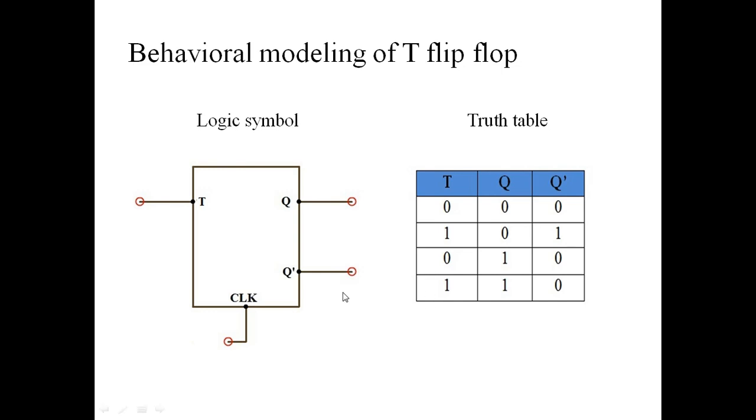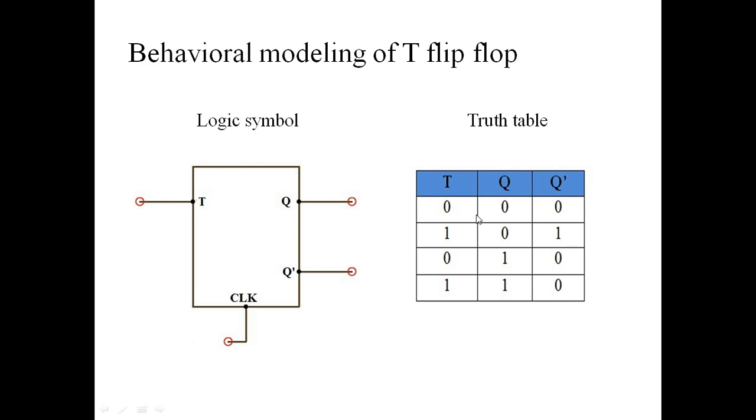The T flip-flop has a T input, one clock signal input and two outputs Q and Q bar. When the T input is low, okay, then the next state of the T flip-flop is same as the present state, that is holds the current state.